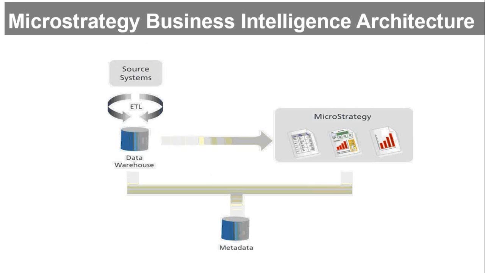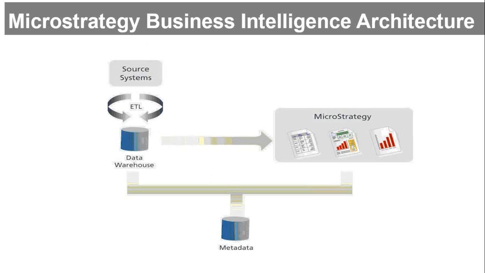We have the source system, the ETL, the data warehouse, and the final component is the BI. Whenever I say BI, it's a front-end tool, a reporting tool. Once these three tasks have been done by the required teams, one who handles the ETL jobs, one who maintains the data warehouse, thereafter it's the part of a BI developer or architect.